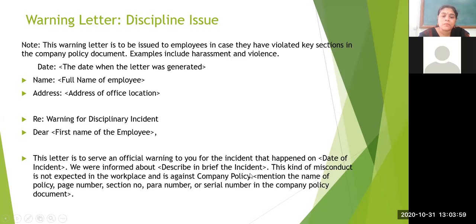This kind of misconduct is not expected in the workplace and is against the company policy. And mention the name of the policy, page number, section number, para number, or serial number in the company policy document.